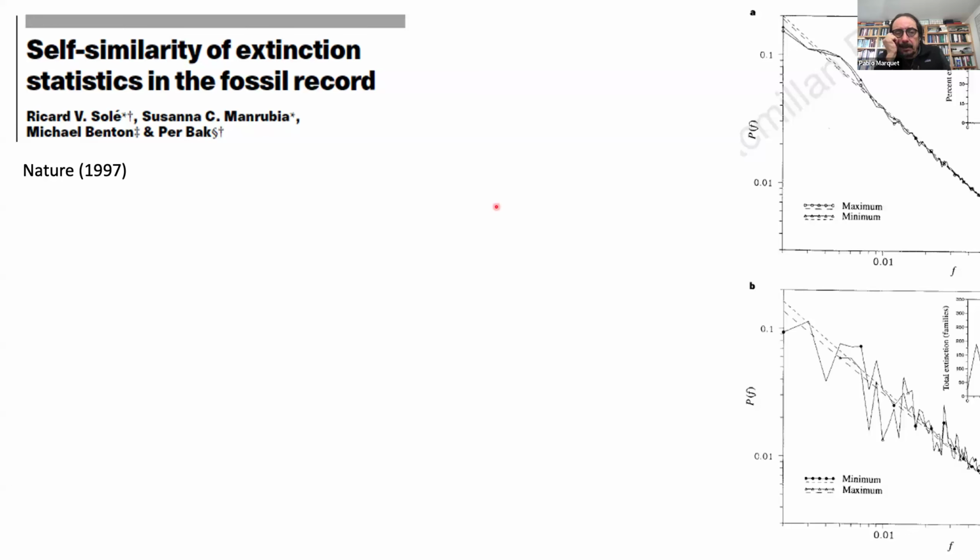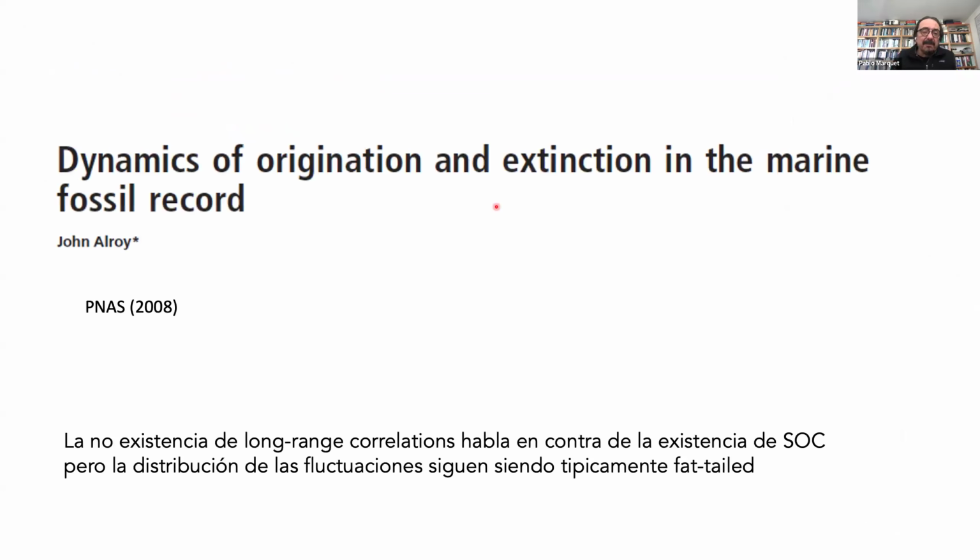But it was later shown that it didn't. It was shown by John Alroy, in a big compilation that he did, that there were no long-range correlations, which are required for the existence of self-organized criticality. So he said there was a problem with interpreting this as happening in the fossil record. But still, the power law distribution was popping up everywhere within the fossil record.